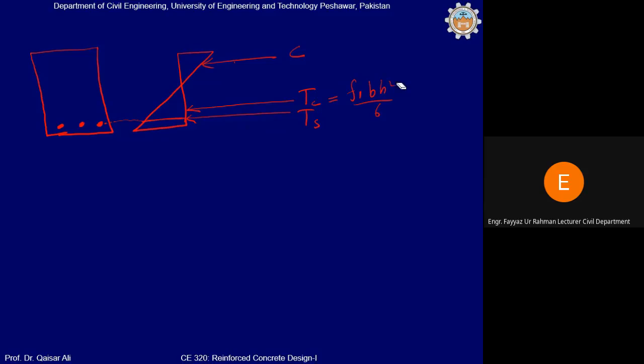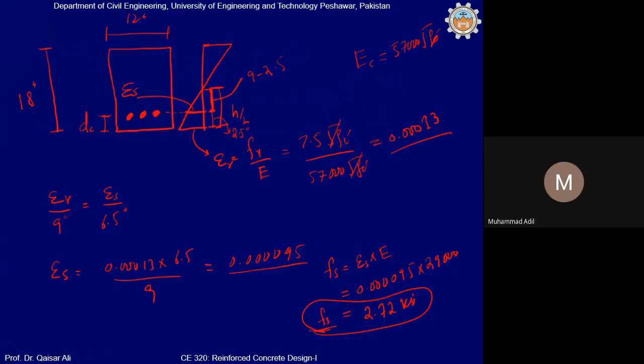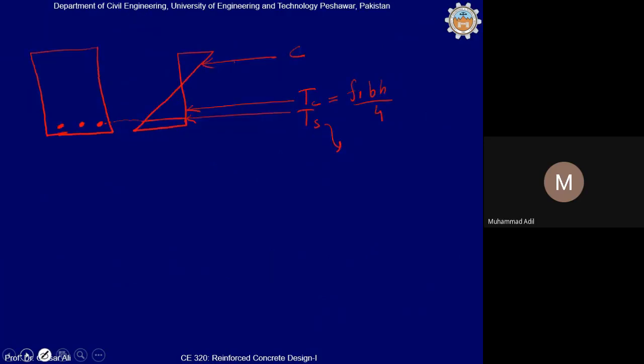Sorry, FR into BH by 4. Clear? And what about T, the tensile force resisted by the steel? What will it be equal to? You calculated the stress, right? Stress resisted by 2.72. Tell me. Sir, Fs is 2.72 KSI. Yes, it will be equal to Fs multiplied by area of steel.